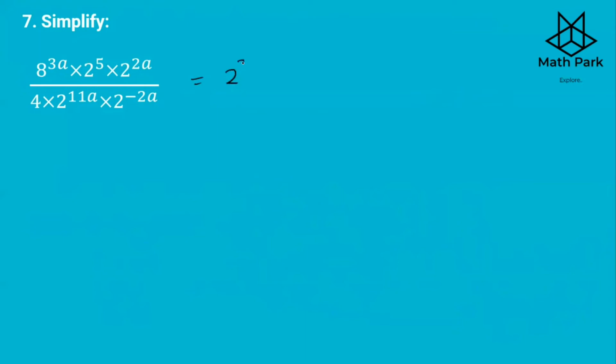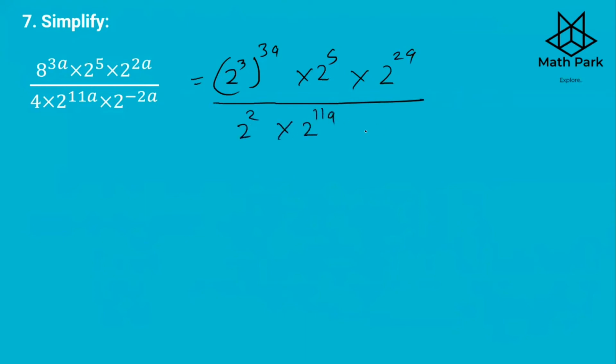So (2 cube) raised to 3a into 2 raised to 5 into 2 raised to 2a, upon 4 which is the square of 2, so 2 raised to 2 into 2 raised to 11a into 2 raised to minus 2a. This 2 raised to minus 2a, since 1 upon a raised to minus m becomes a raised to m, will go up. It becomes 2 raised to 2a positive.